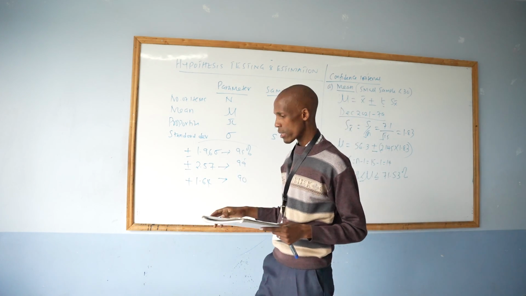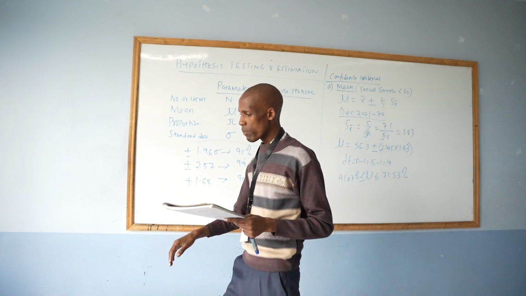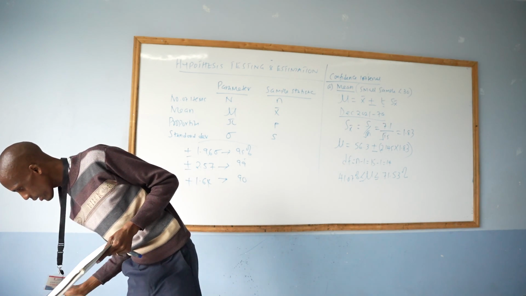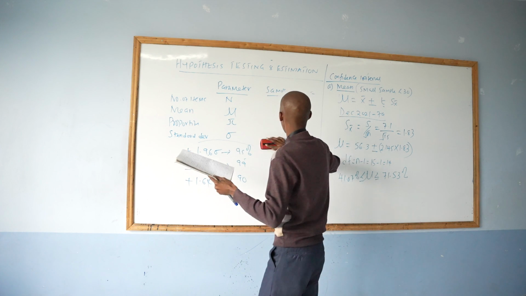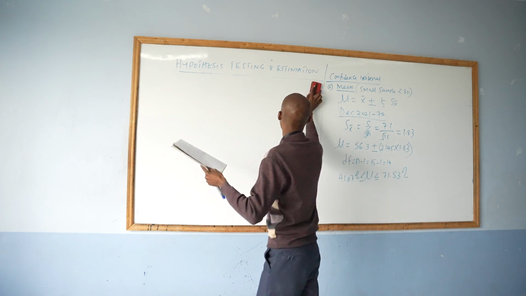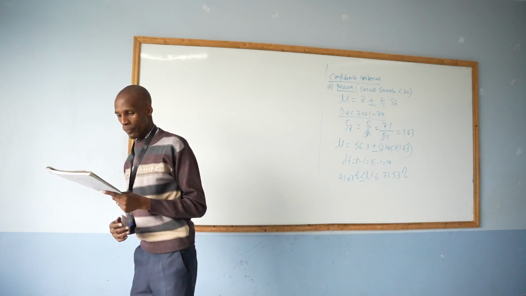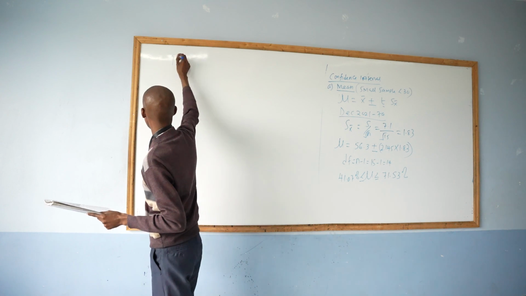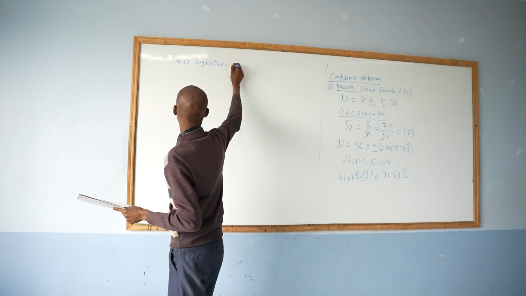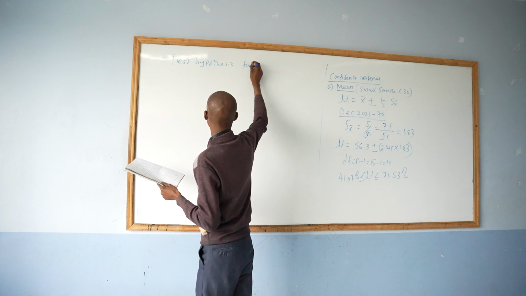Now, this was the confidence interval, which is estimation. When we come to testing hypothesis, just like in that case, we can have large sample and small sample. So in this case, we test hypothesis for large sample.